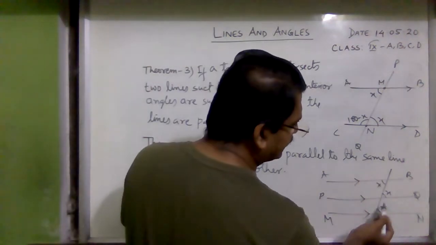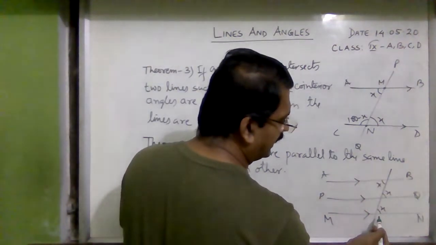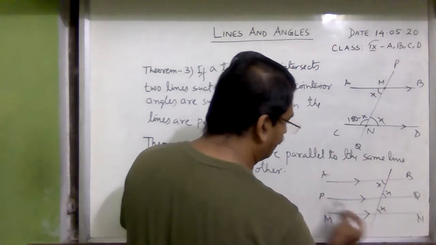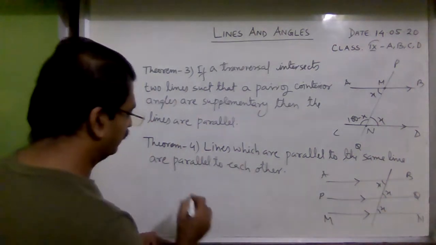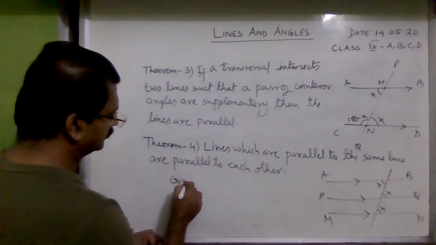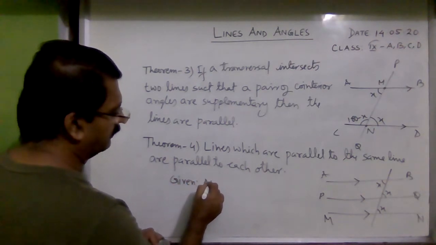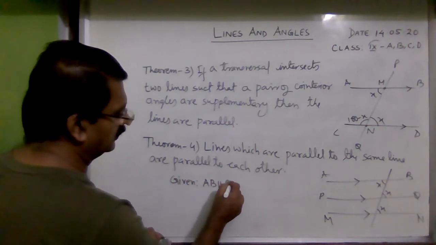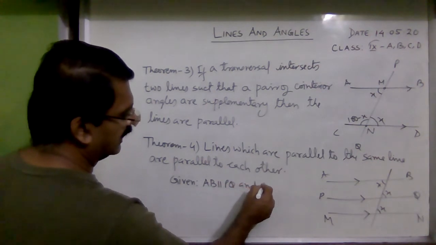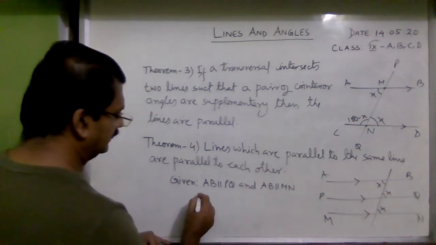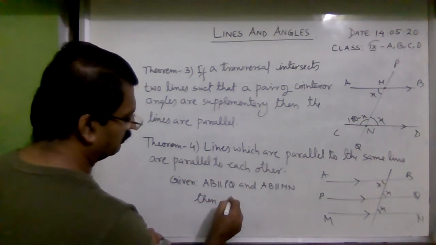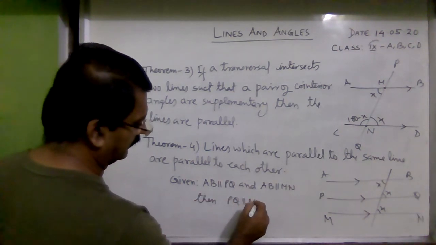Now you see these two angles, they are corresponding angles, and when the corresponding angles are equal, this proves that PQ is parallel to MN. Okay, given AB is parallel to PQ and AB is parallel to MN, then PQ is parallel to MN.